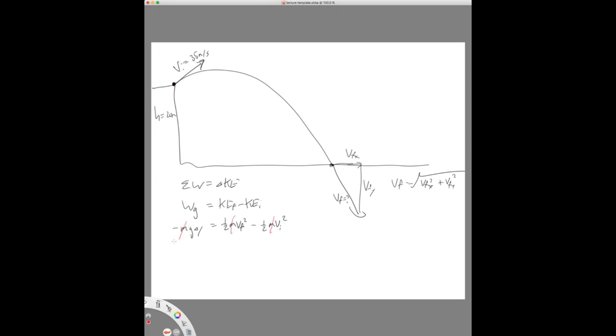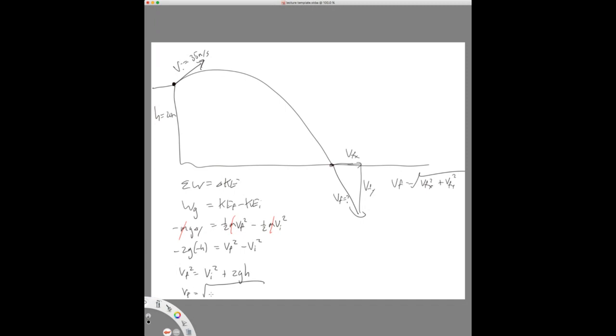The m's cancel. Multiply both sides by 2, get minus 2g. And delta y is going to be minus h. That's v final squared minus v initial squared. And so v final squared would be v initial squared plus 2 times g times h, because those two minus signs are going to cancel.